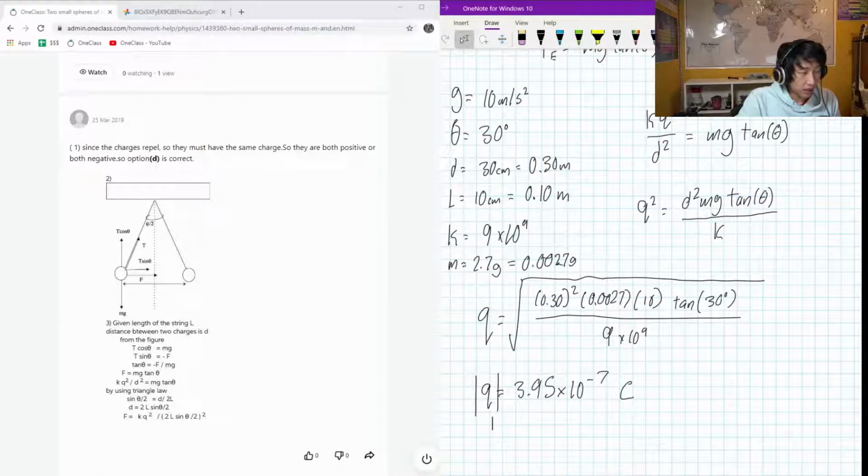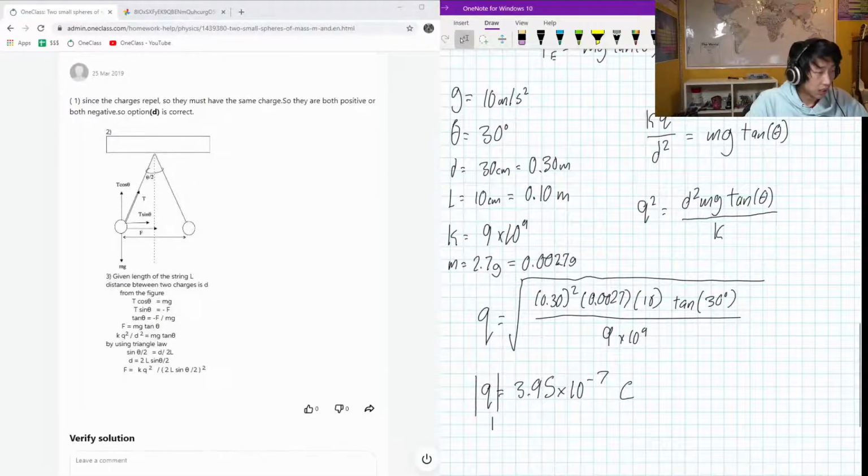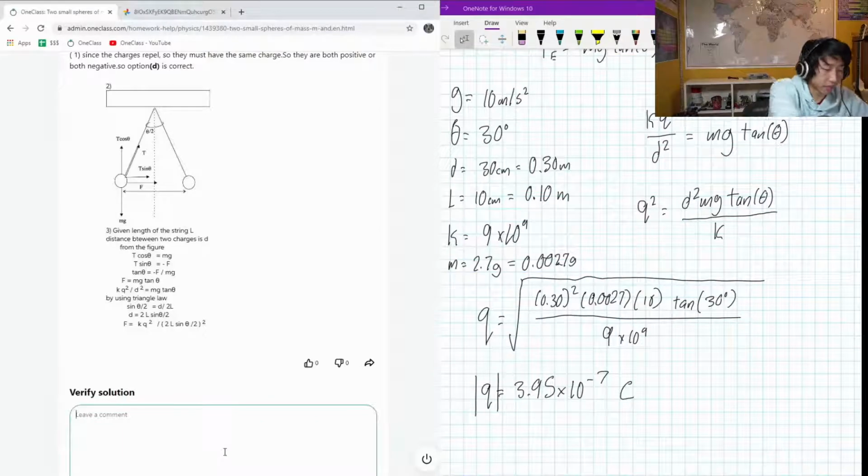Here it seems that we don't have the actual calculation for this, but this is what you should hopefully get if you run through this calculation. The above solution does not address all parts of the question.